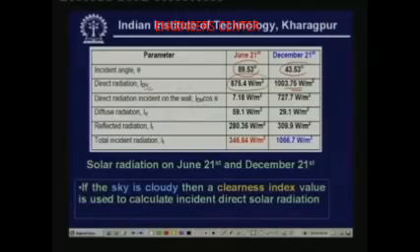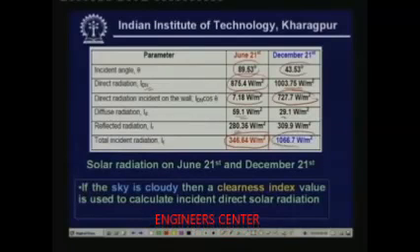Similarly, the direct radiation contribution, I_Dn cos θ, is 7.18 watt per meter square for June and 727.7 watt per meter square for December. The diffuse radiation is 59.1 and 29.1, and reflected radiation is 280.36 and 39.9 in case of December. So, the total incident radiation on the vertical surface is 346.64 watt per meter square on June 21st and 1066.7 watt per meter square on December 21st.